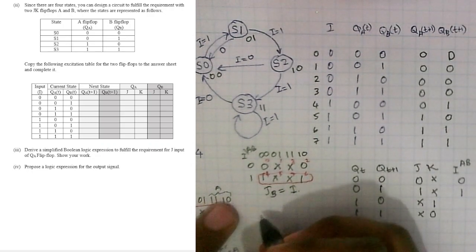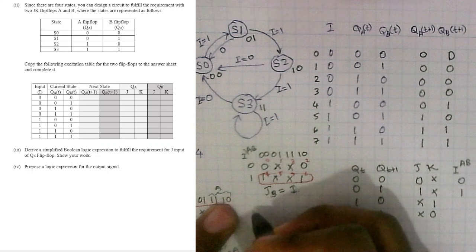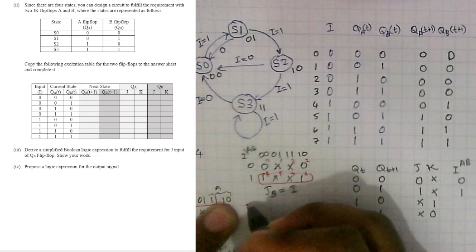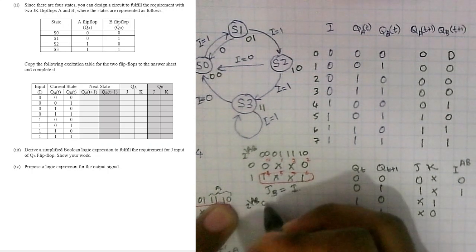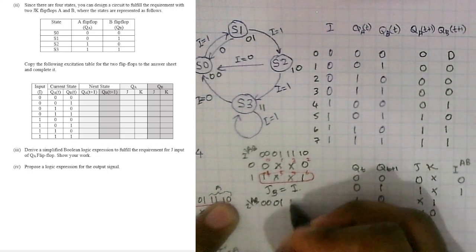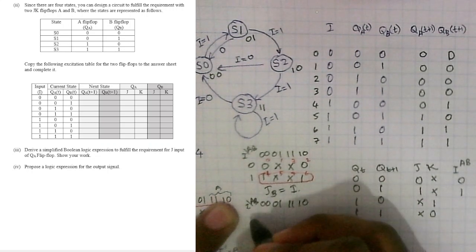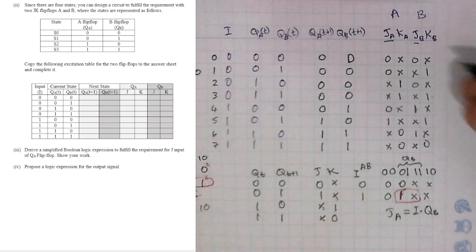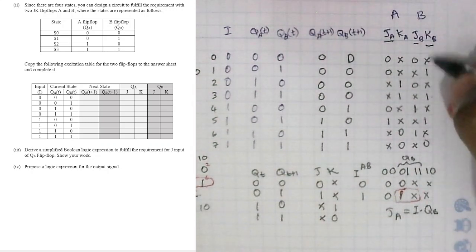Then the last one is KB. So I will go again as I A B 0 0 0 1 1 1 1 0. I is 0 or 1. Okay, so I'm copying from KB here, right? KB signal here.